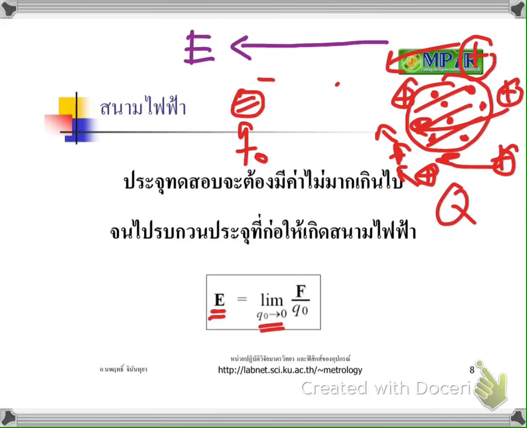If we don't have the test charge, the positive charge will distribute uniformly on the object. But when we place the test charge here, the positive charge tries to move to this side. So the distribution of the charge on this object changes after we place the test charge here.